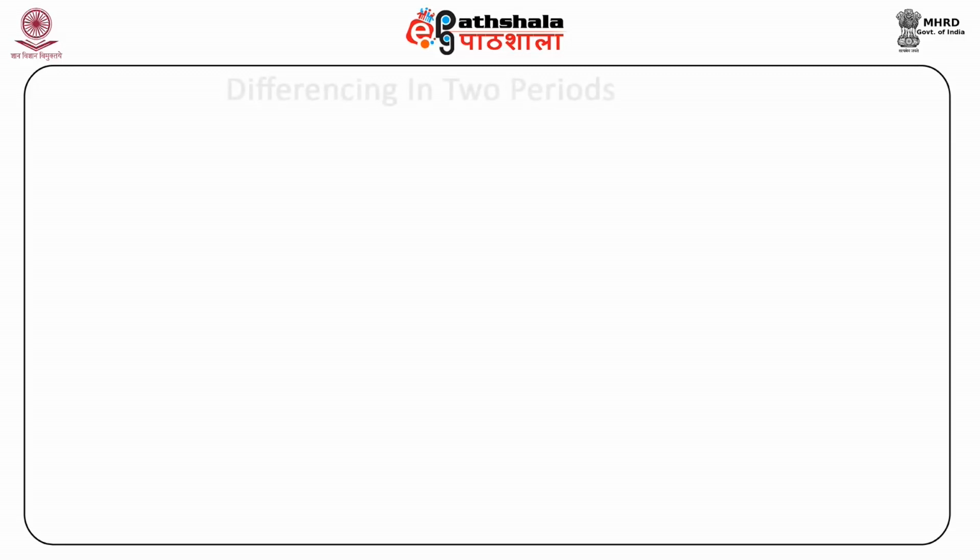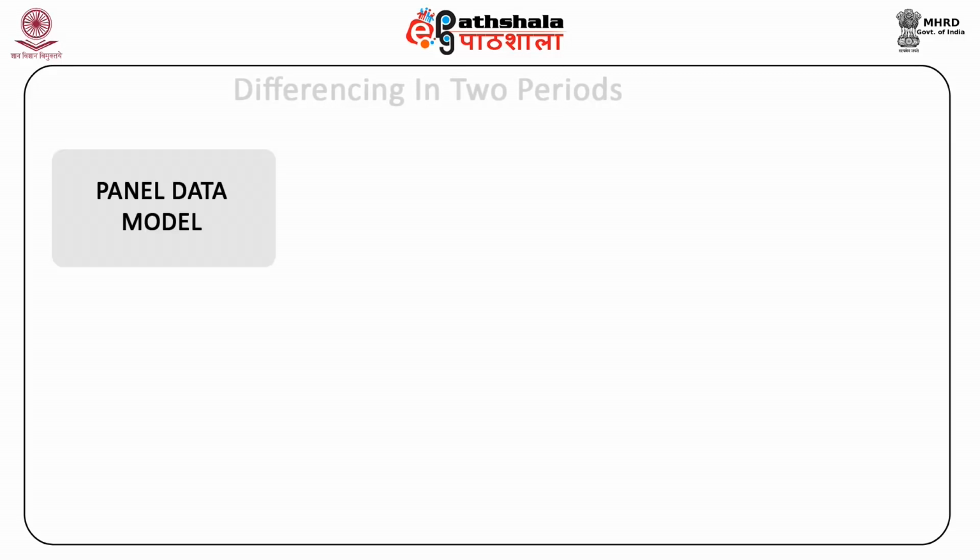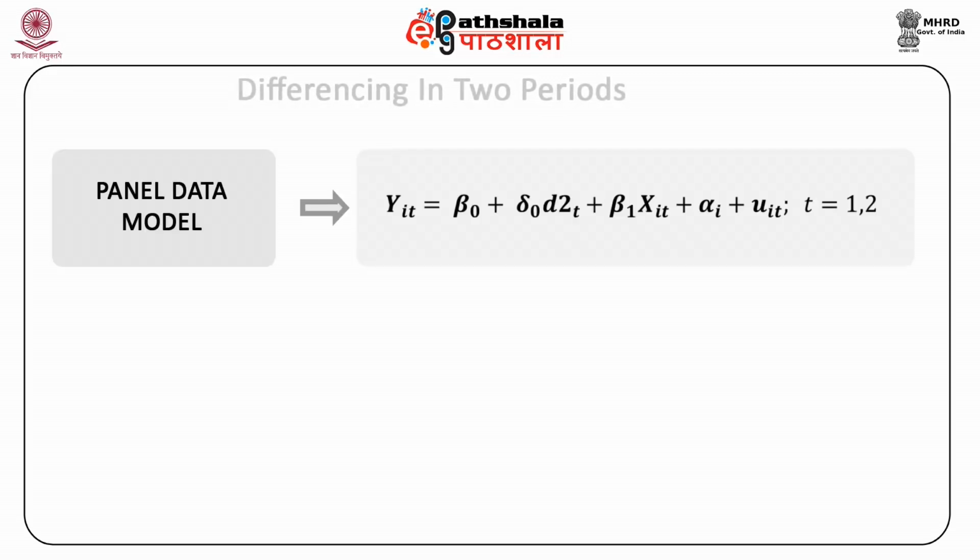Assuming i denotes the cross-sectional unit and t denotes the time periods, we can write the panel data model as y_it is equal to beta 0 plus delta 0 D2_t plus beta 1 x_it plus alpha_i plus u_it, where t takes the value 1 and 2.